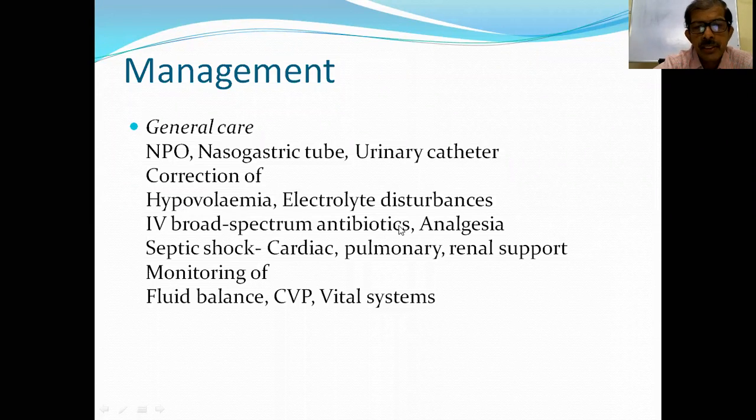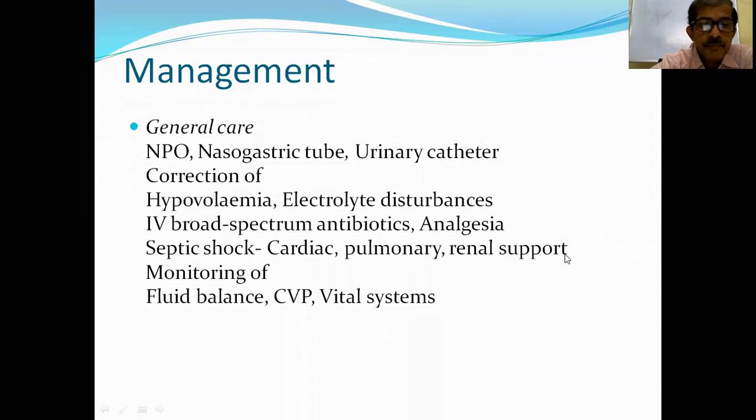Antibiotic is very, very important, particularly a combination of cephalosporin and metronidazole. Already I told you about the importance of analgesia, because if the patient is not taking proper respirations because of pain, there will be all sorts of respiratory complications, from simple pleural effusion to serious causes like pneumonia. Then if there is septic shock, you have to support all the vital organs, like cardiac, pulmonary, renal.